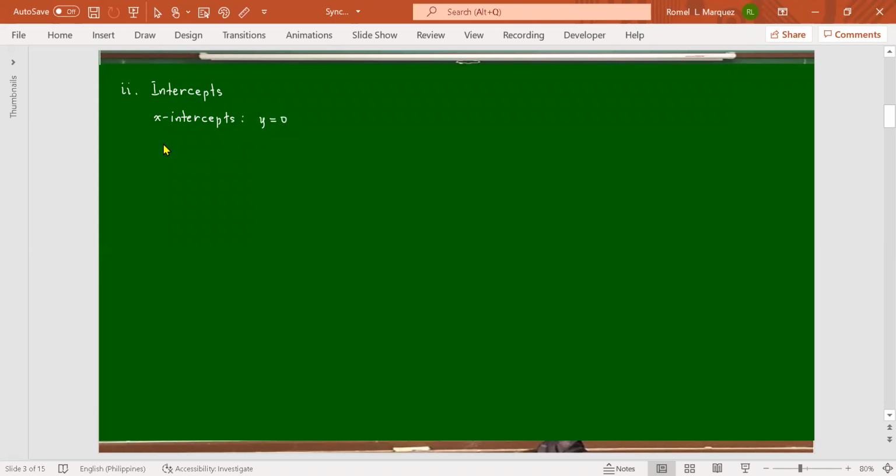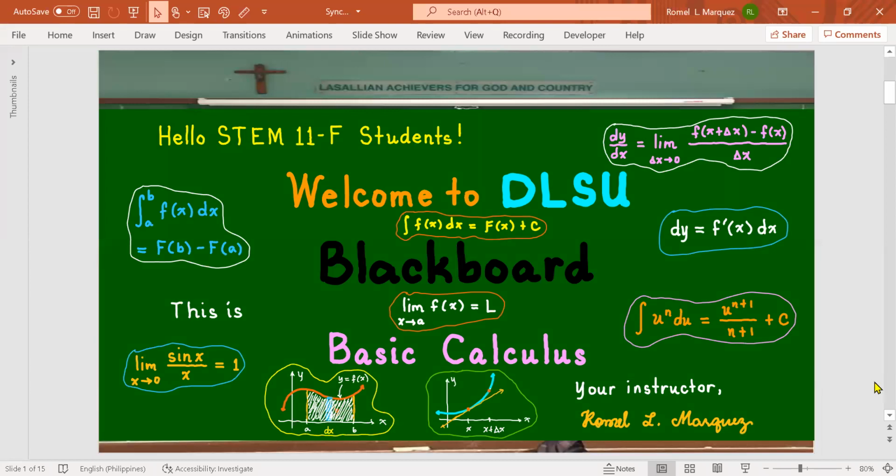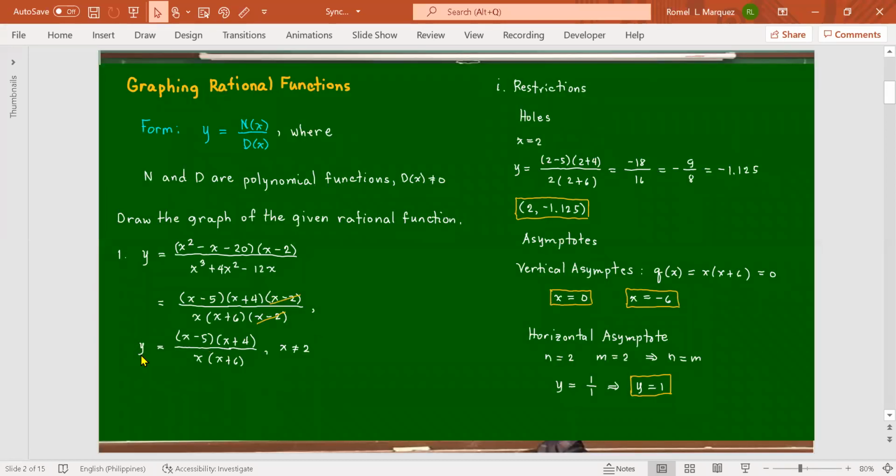If you equate y to 0, the denominator is multiplied by 0, so we will have just the numerator. So all we have to do is equate the numerator of the simplified one, P of x, to 0.